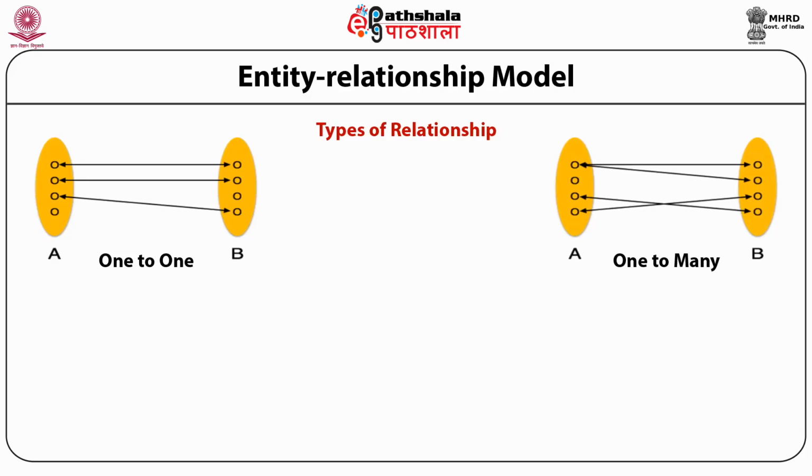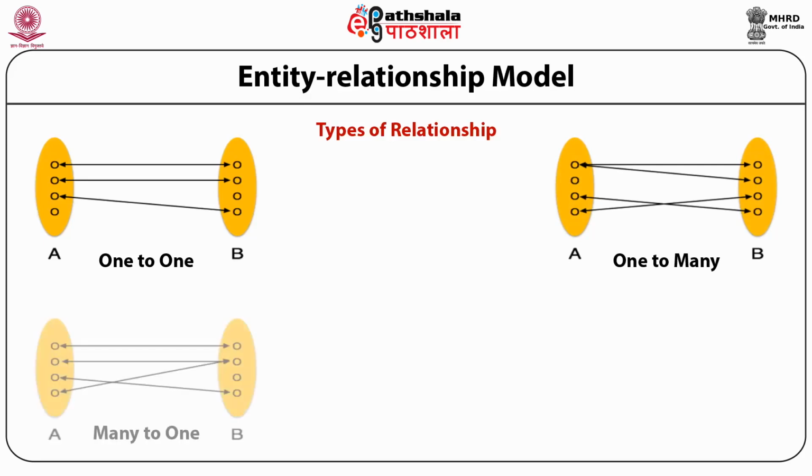That means one entity of a set is related to many entities of set B. The third one is the many-to-one relationship, which is the reverse of the previous one. That means many values of set A are related to a single value of set B.